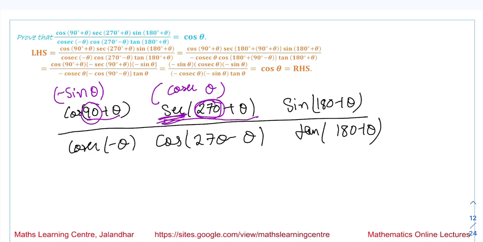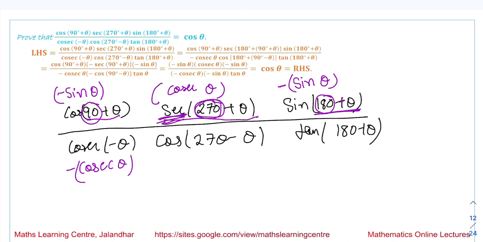Next is sine of 180 plus theta. Now when we are talking about sine, it is 180 over here, so sine will remain as sine. Because it is 180 plus theta, negative sign will be there because this angle will lie in the third quadrant. Next is cosecant of minus theta, it is minus cosecant of theta.